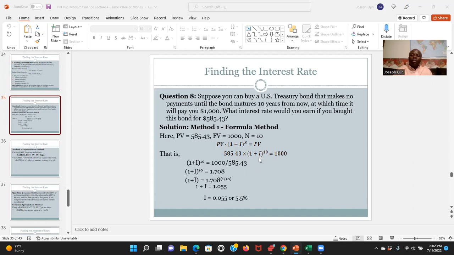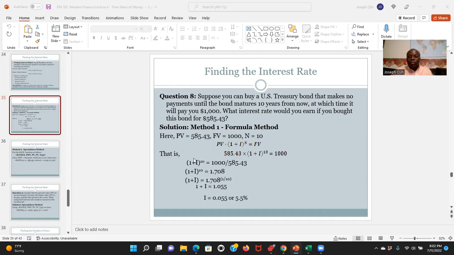Now, from algebra, you know that to isolate this part, which is what you need to do first, you divide both sides by 585.43. If we divide this part by 585.43, it will cancel out.